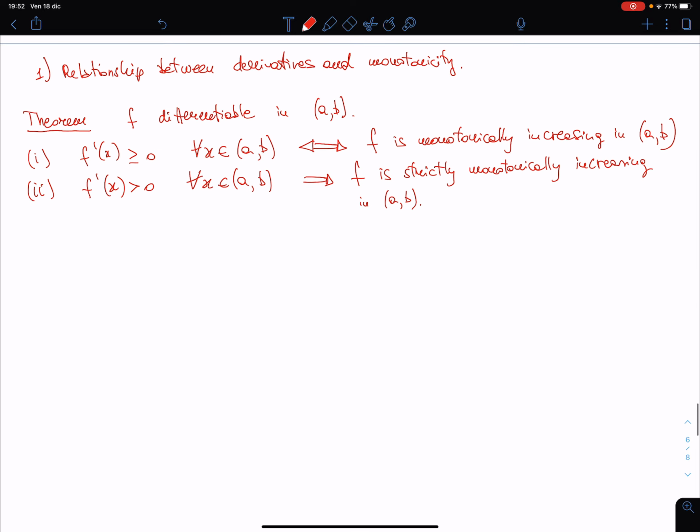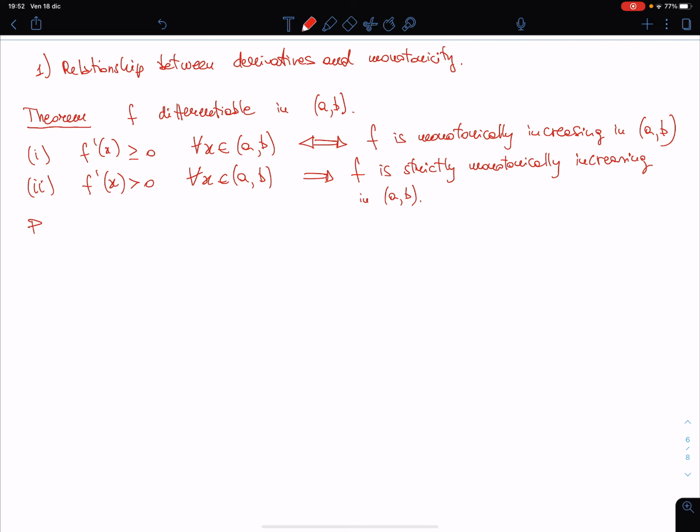So, and this is the proof. First, let the 2 points x and y be in the interval AB with x less than y.